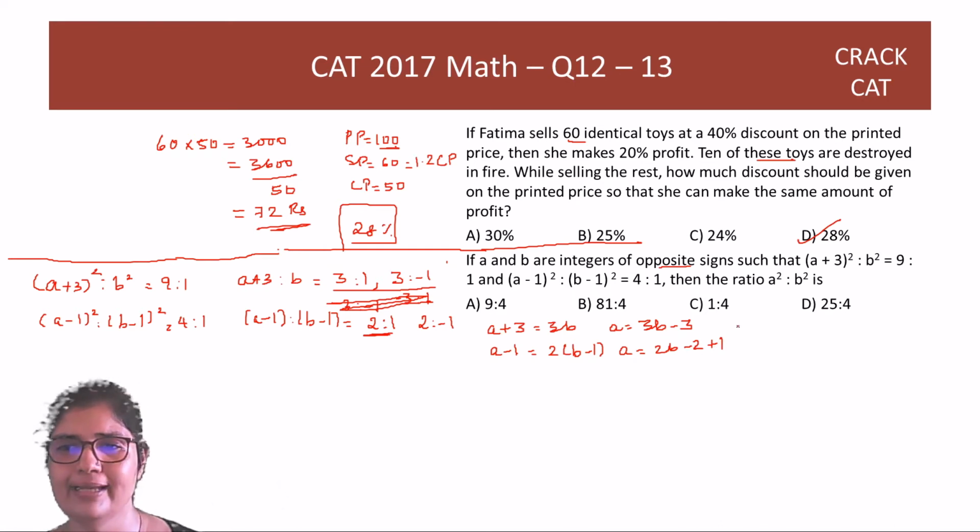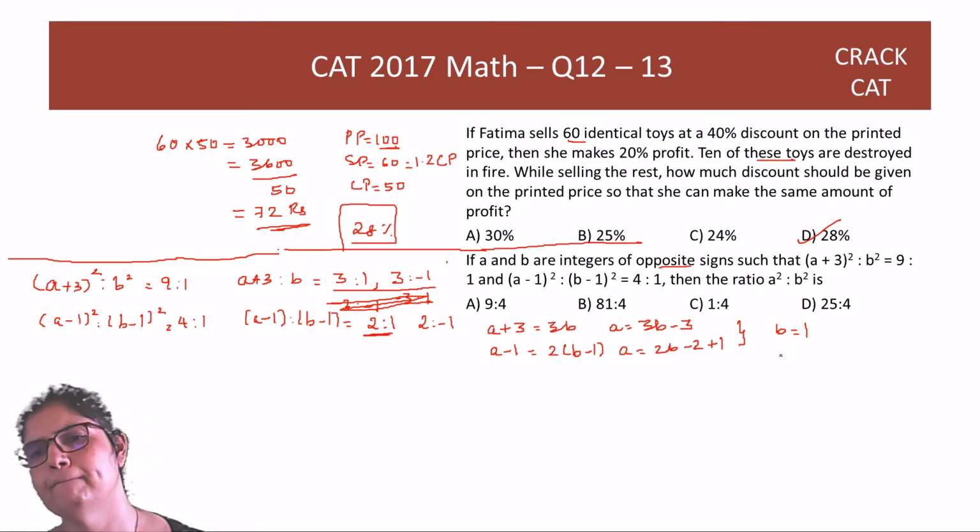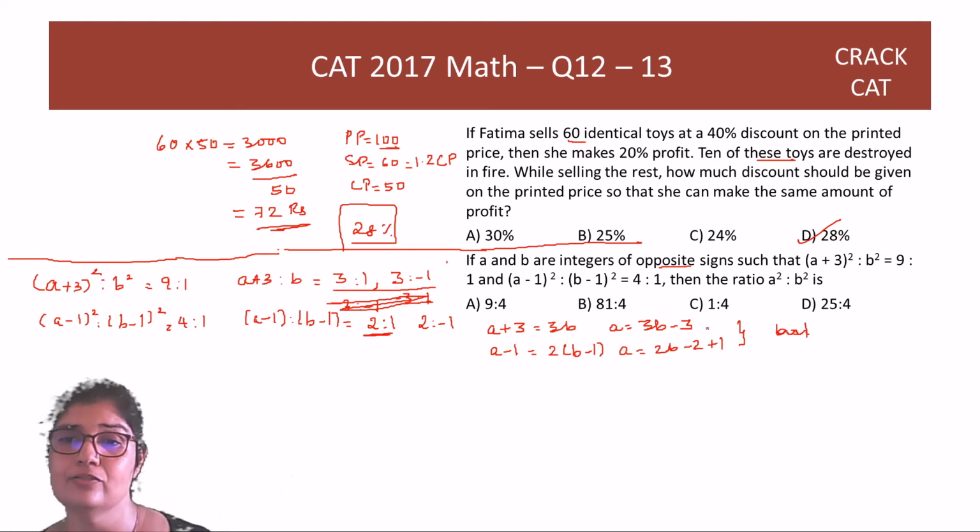So if I combine these two equations, guys, for a, right, I will get b is equal to 1. Do we get b is equal to 1? 3b minus 3 and 2b minus 2 plus 1, they are both equal.